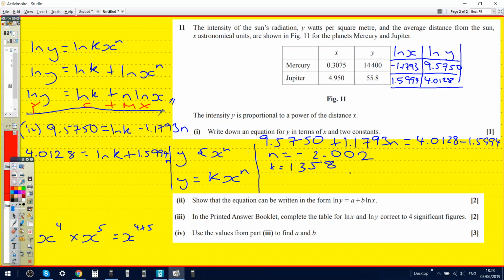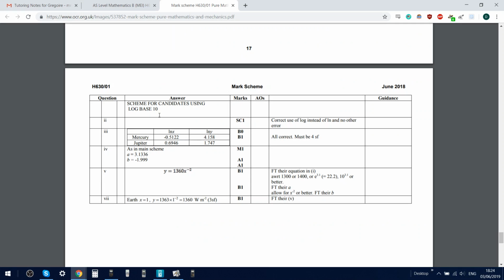We were finding N and K. Oh yeah. So N is minus 2.002 and K is 1358. So they're saying that it should be minus 1.999.